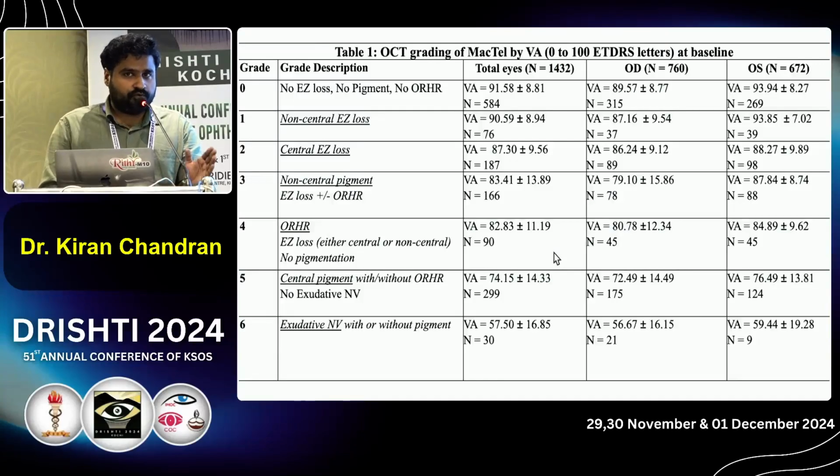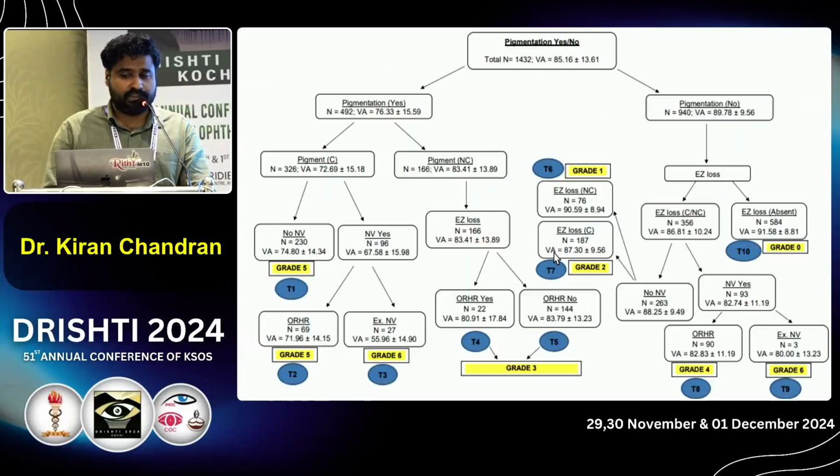Our staging closely mirrored that of the Western population, in which grade 0 was no EZ loss, grade 1 non-central EZ loss, grade 2 central EZ loss, grade 3 non-central pigmentation, grade 4 outer retinal hyperreflectivity, grade 5 central pigmentation, and grade 6 exudative neovascularization. And again over here, the visual acuity declined as the grade of MacTel progressed, but the only difference was that in our cohort, the visual acuity is slightly better compared to that of the Western population.